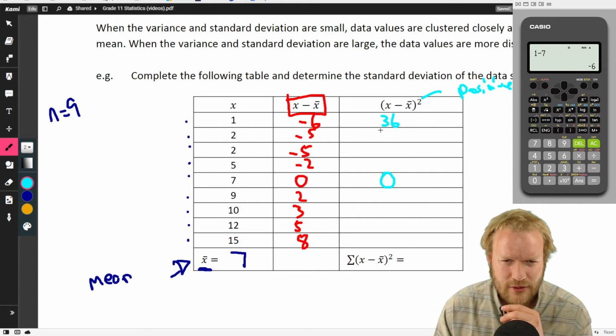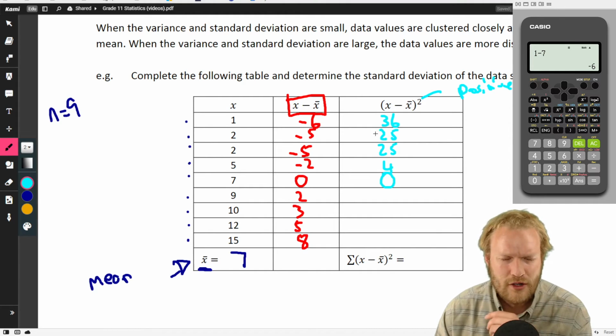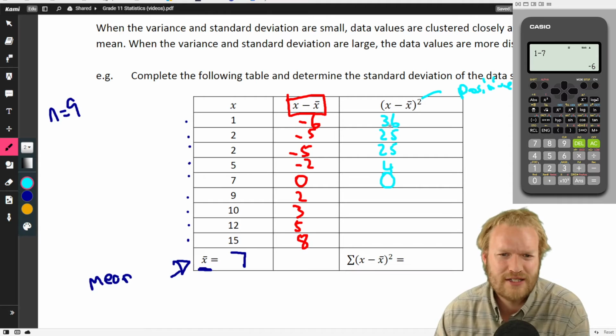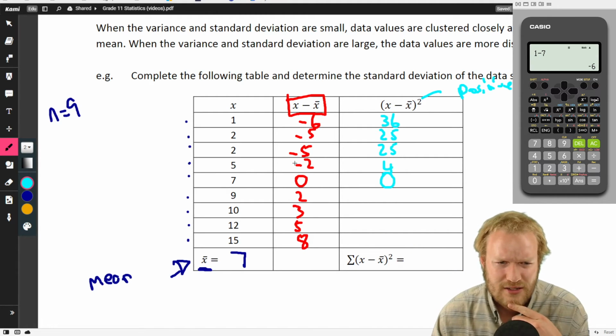Minus 5 squared is 25. Minus 5 squared is still 25. Minus 2 squared is 4. So this one's 36 away. It feels like it's quite far away from the mean, whereas this 5 feels like it's quite close to the mean. And it is.